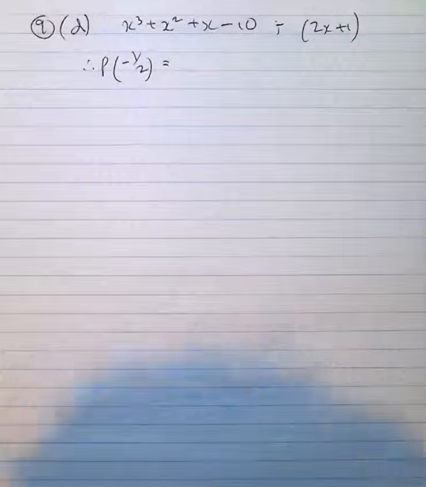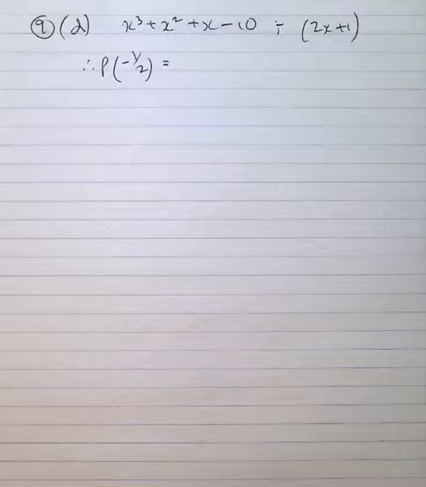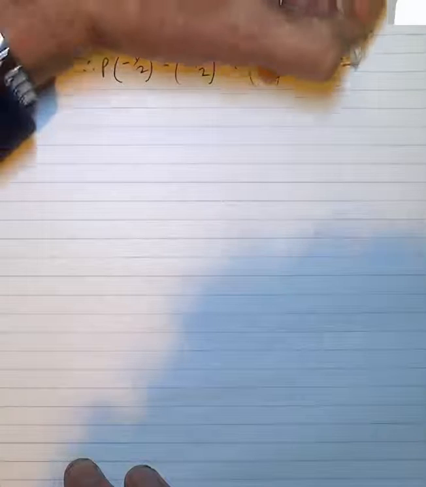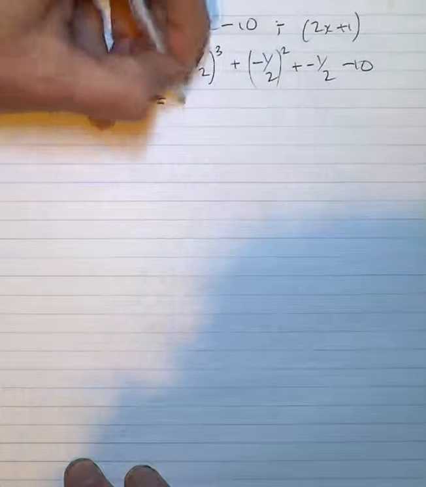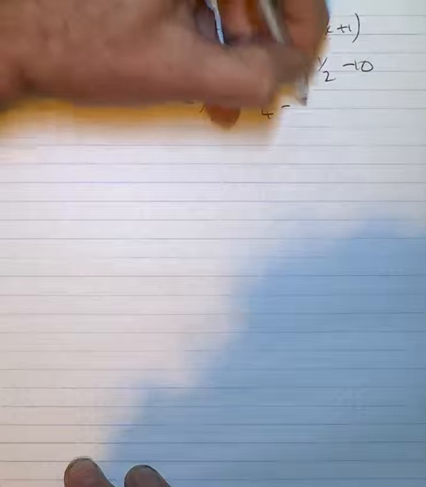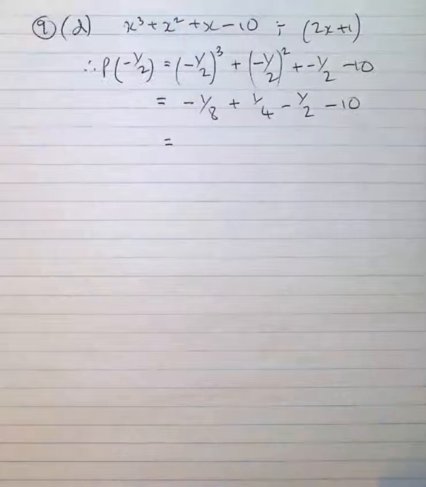Now in part D, you're dividing by 2x plus 1, or substituting in -1/2. So -1/8 plus 1/4 minus 1/2 minus 10 will be the order of the day there.